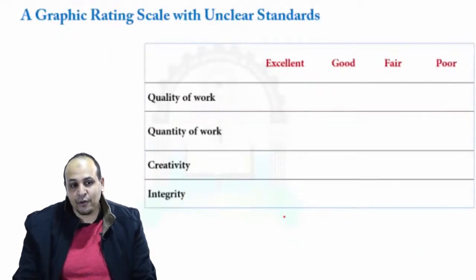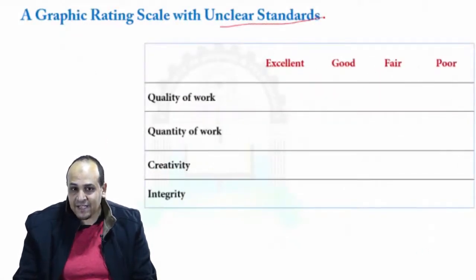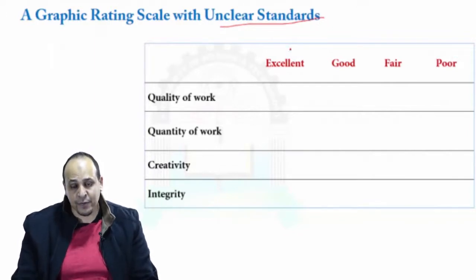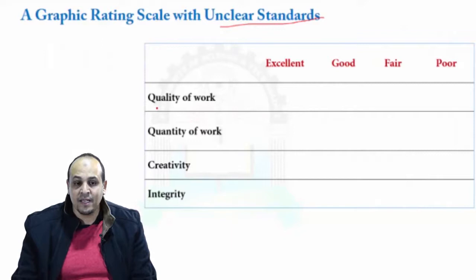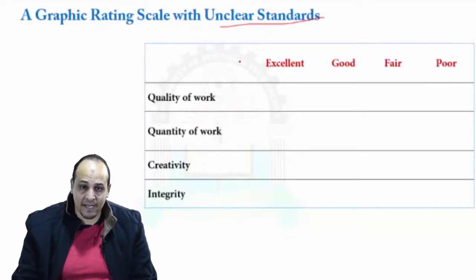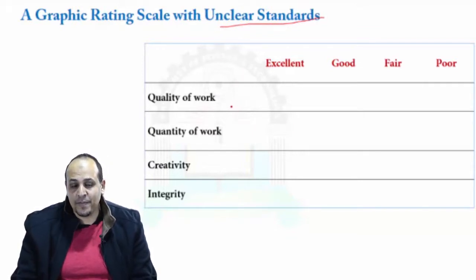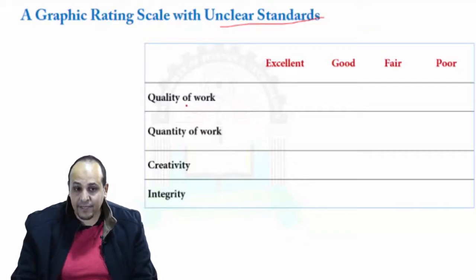Now here, graphic rating scale with unclear standard. This is an example of one of the problems that can happen while appraising performance. Now the quality of work: excellent, good, fair, poor. We're talking about unclear standards because what does it mean to the company, to the employees, and to the rater as well, for the quality of work to be excellent?